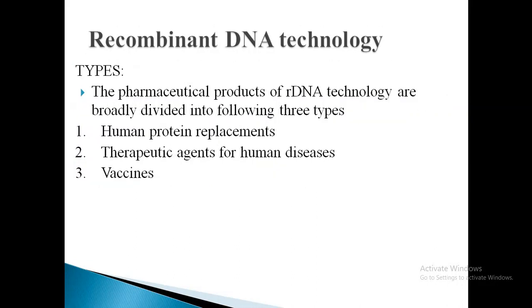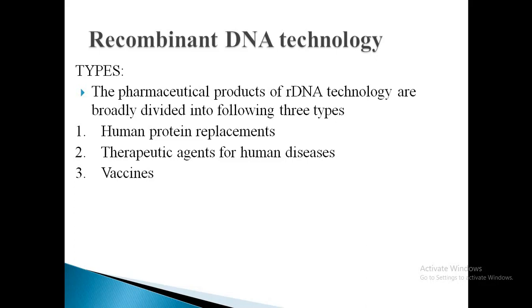And there are three types of products obtained by recombinant DNA technology. The pharmaceutical products of rDNA technology are broadly divided into the following three types. Number one is human protein replacements. Number two, therapeutic agents for human diseases. Number three, vaccines.